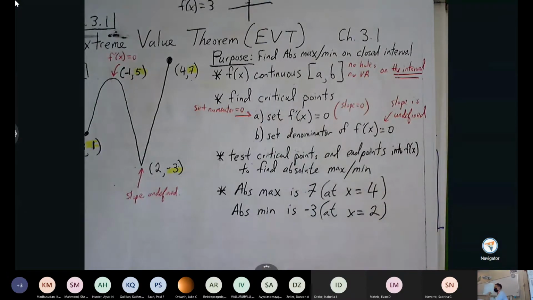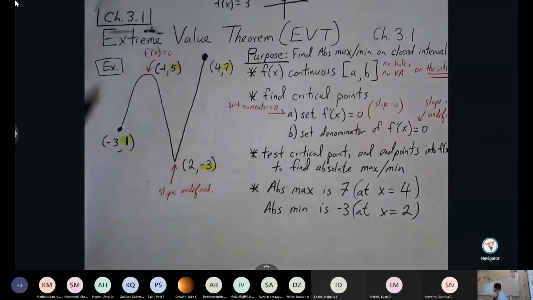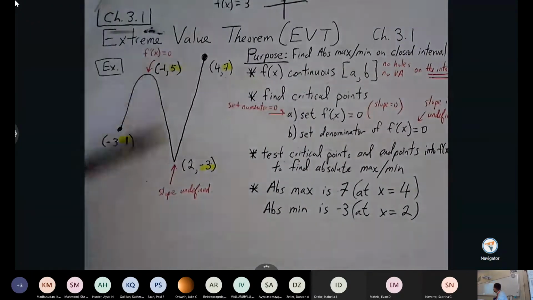And once we find the derivative, we're going to look at the numerator and the denominator separately. And if both locations give us values that are valid, then we're going to use all those values in our determination to see if they are going to give us max or mins, highest or lowest points.